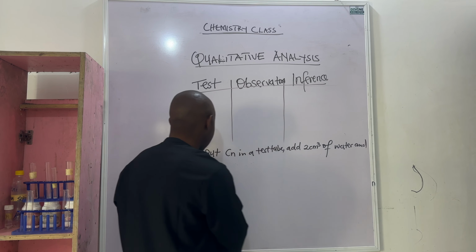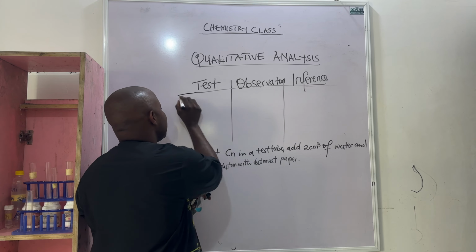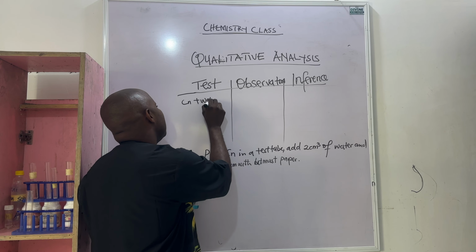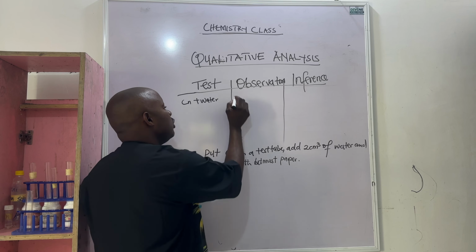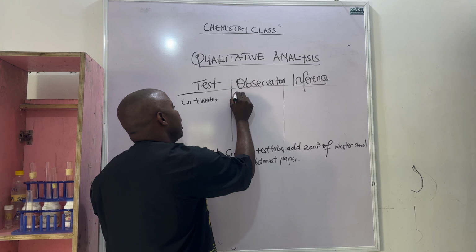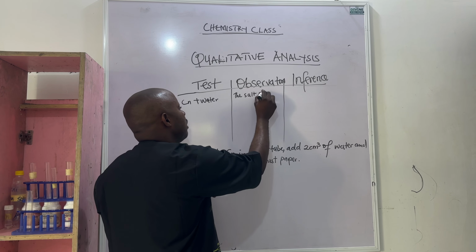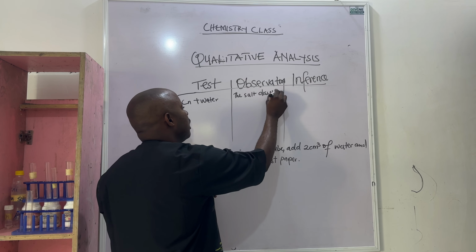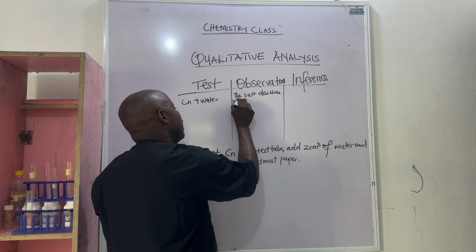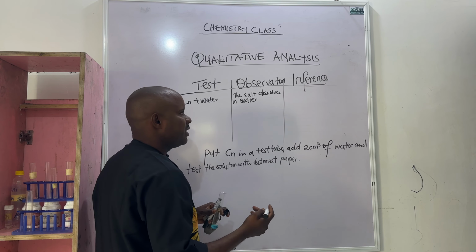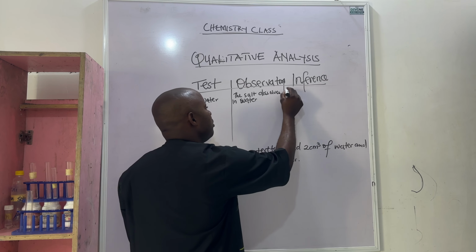We now say, under your test, Cn plus water. In observation, we said the salt dissolves in water. So what is your inference? Anything that dissolves in water is soluble in water.